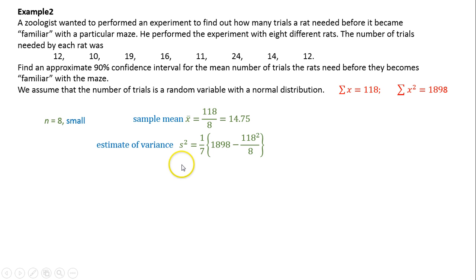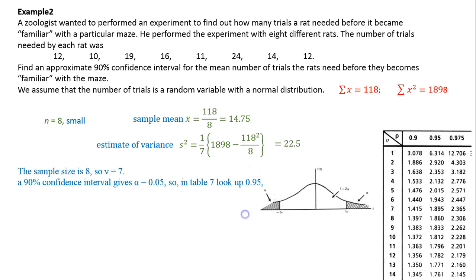And our estimate of the variance, s squared, is 1 over n minus 1 times the sum of x squared minus the sum of x all squared over 8, giving us 22.5 as our estimate of the variance.